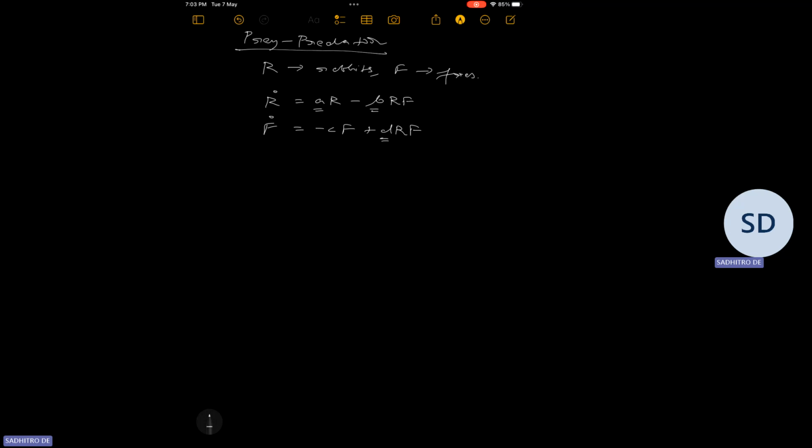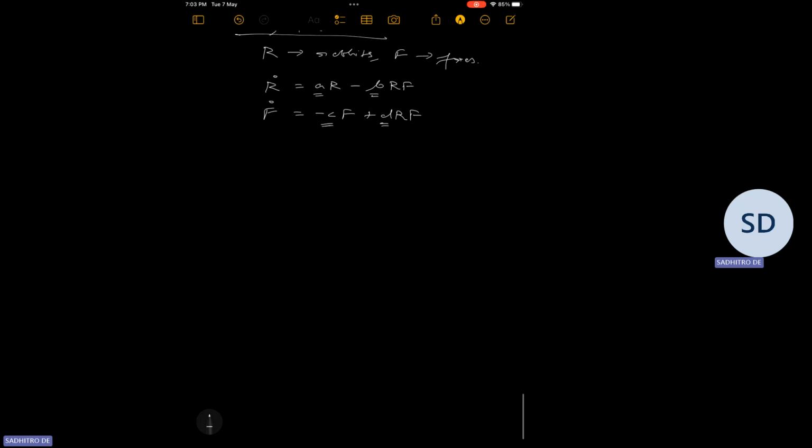Similarly, D is also the rate at which the foxes population could start growing once they start consuming the rabbits. And C represents the intrinsic death rate of foxes. And multiplying this by F implies that the foxes die if the rabbits are less in number. So if rabbits are less in number, the food for foxes also decreases, and then they end up starving and dying.